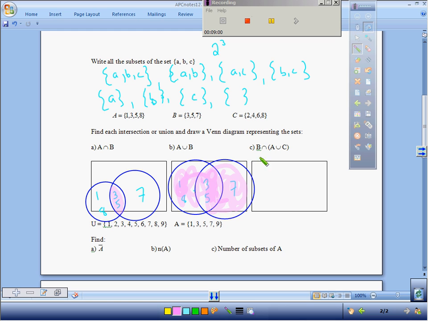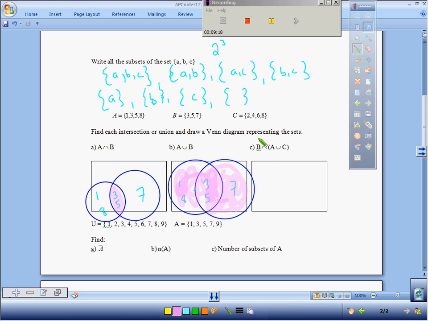So if I wanted to do B intersection A union C, on here I have to draw circles again. Sorry. I'm always in someone's way.